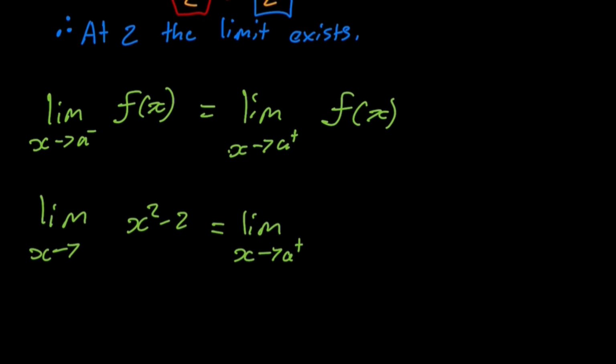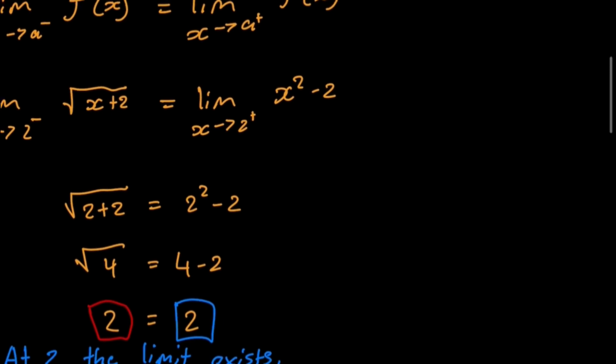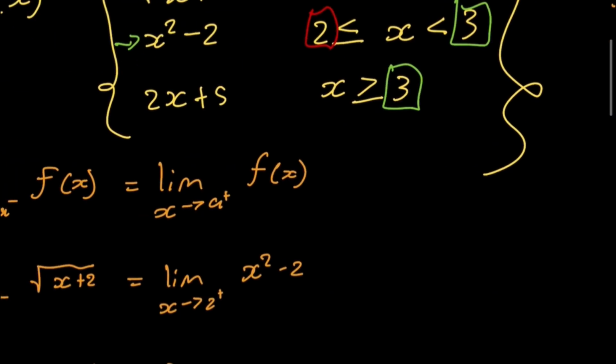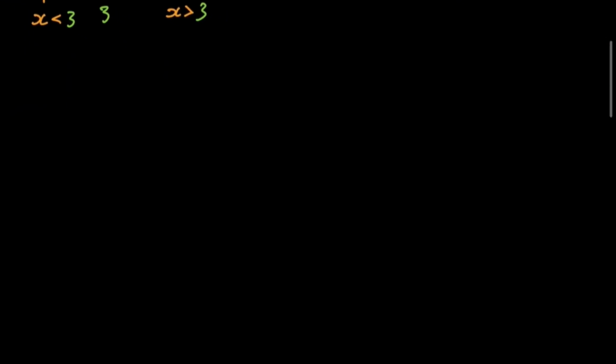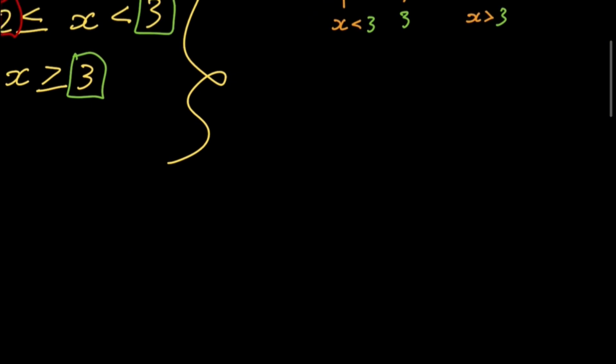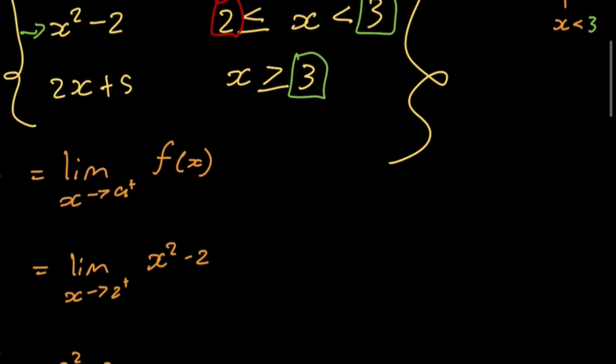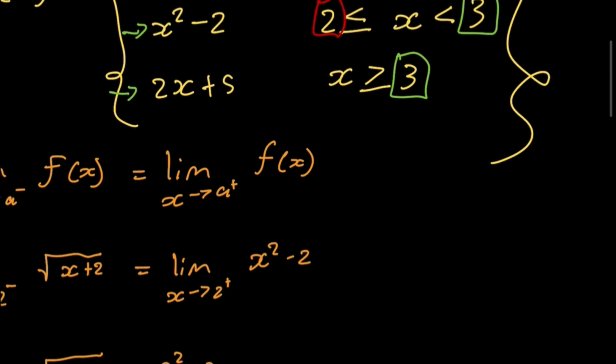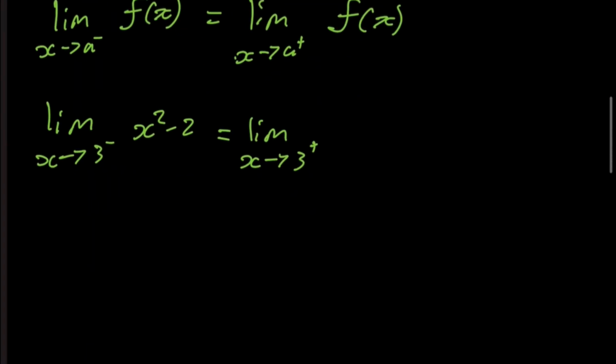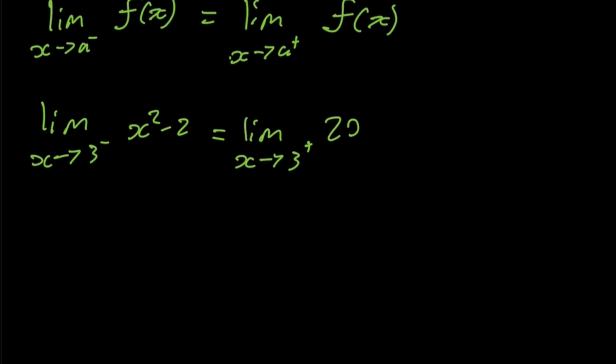We can take out the x and put in 3. Take out this and put in 3 as well. Now we need to find a condition that satisfies the right hand side, which means that x must be greater than or equal to 3. And we see that in our third subfunction, 2x plus 5. So we just substitute it in for f of x.